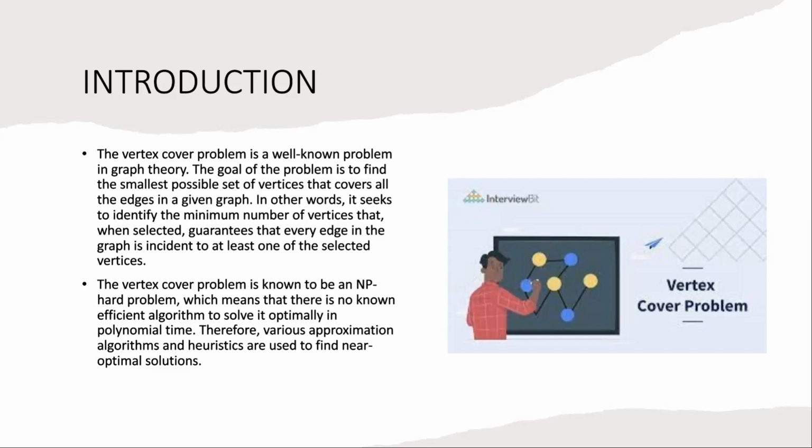The vertex cover problem is an NP-complete problem, which means that there is no known polynomial time solution for finding the minimum vertex cover of a graph unless it can be proven that P equals NP. There, however, exists a polynomial time approximate algorithm to find a vertex cover of a graph.